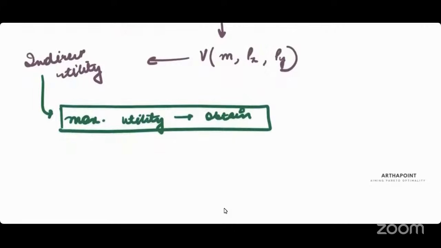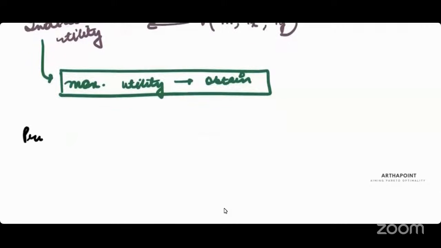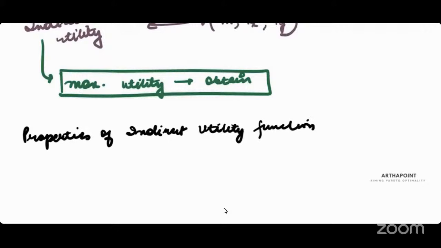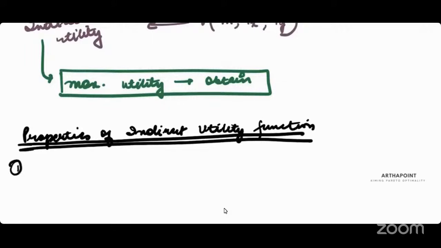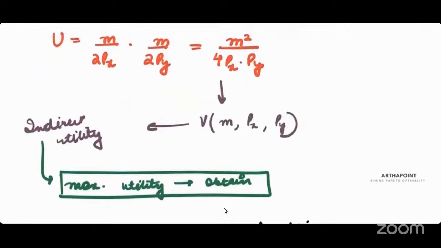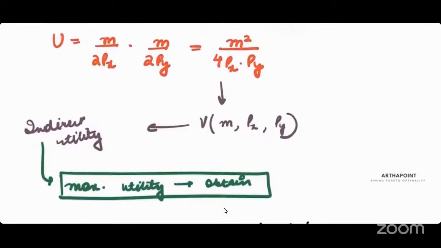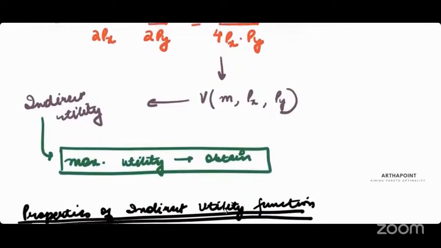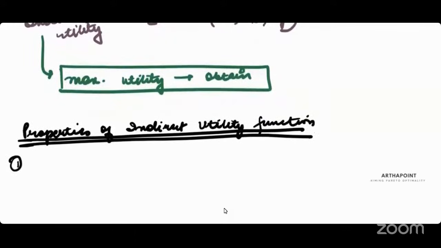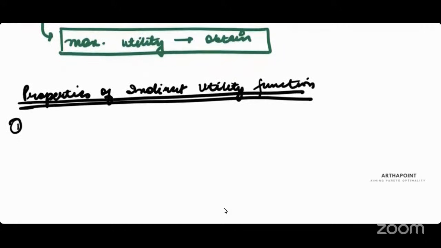Let's now write down certain properties of the indirect utility function. A very important property. First, if you notice, M in the indirect utility function is coming in the numerator. Of course, as your income increases, your utility should increase, and if not increase, it should definitely not decrease.